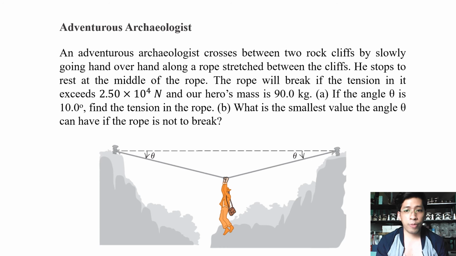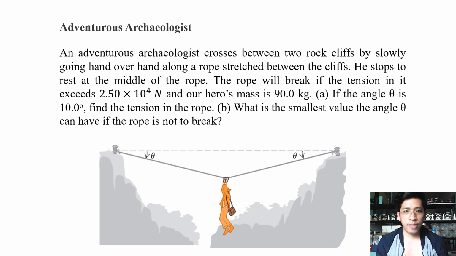The rope will break if the tension in it exceeds 2.50 times 10 to the 4 newtons, and our hero's mass is 90 kilograms. If the angle theta is 10 degrees, find the tension in the rope. And what is the smallest value the angle theta can have if the rope is not to break?